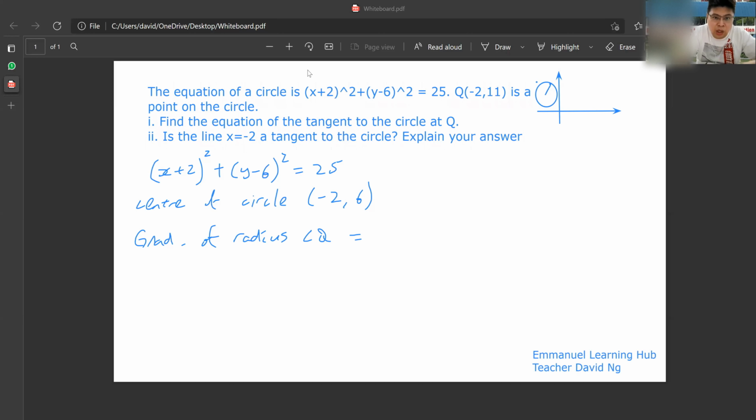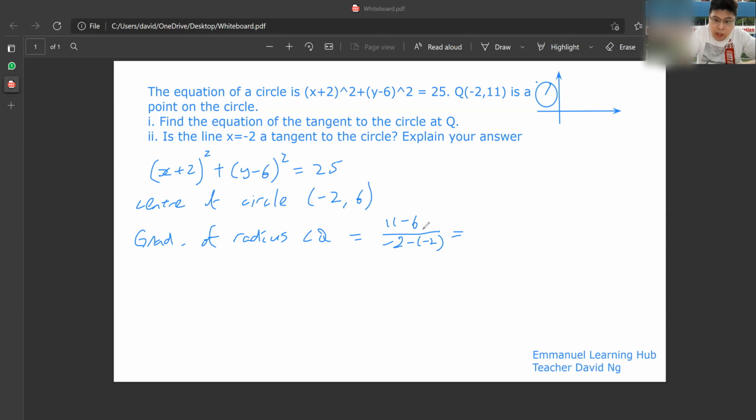Okay, the gradient of the radius CQ would be 11 minus 6 over minus 2 minus 2. Minus 2 minus 2 here you get 0.